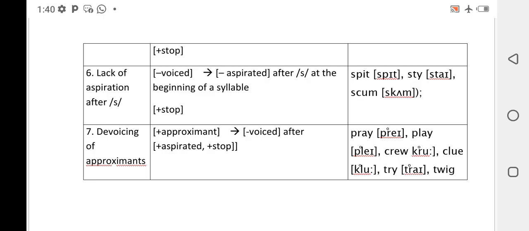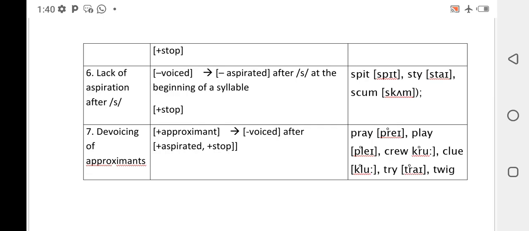So a voiceless plosive becomes unaspirated after s at the beginning of a syllable. You know that place that we deleted and put at the beginning of a syllable? It was talking about unaspiration. Voiceless stops become unaspirated when they come after s at the syllable initial position. We have examples: spit, style, scam.